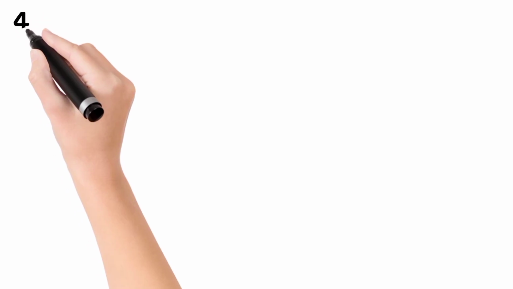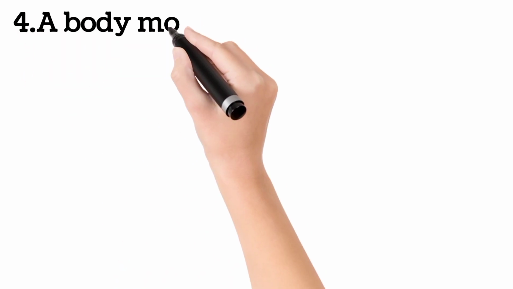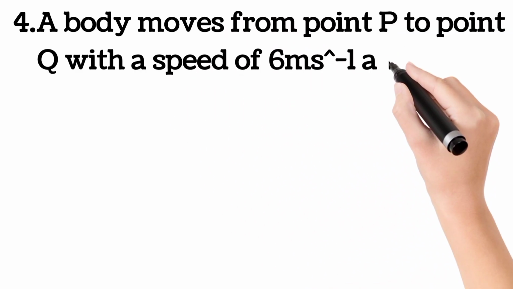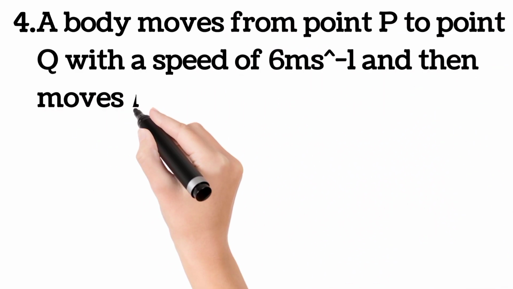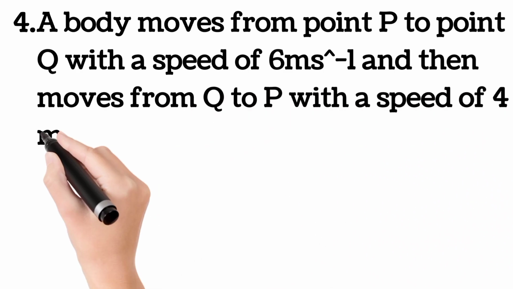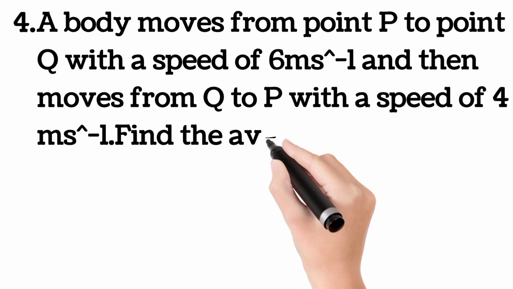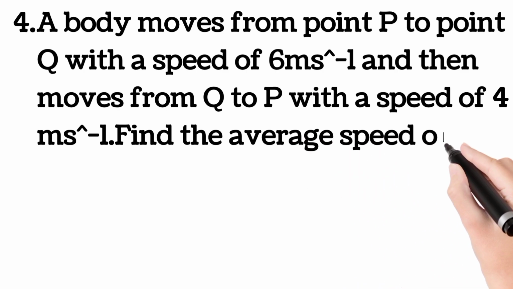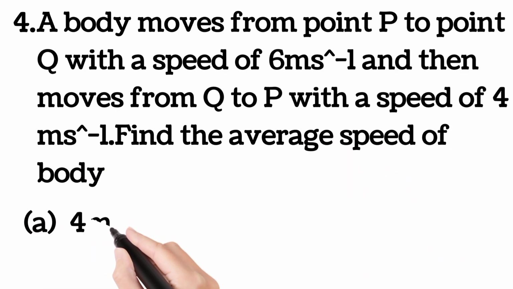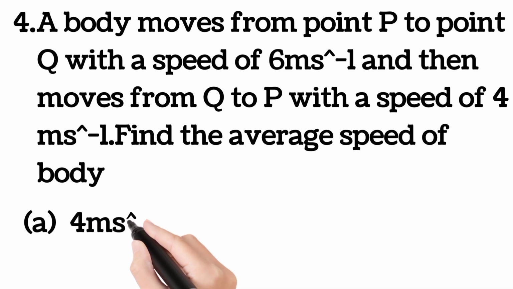The fourth MCQ is: a body moves from point P to point Q with a speed of 6 meters per second and then moves from Q to P with a speed of 4 meters per second. Find the average speed of the body. The A option is 4 meters per second.